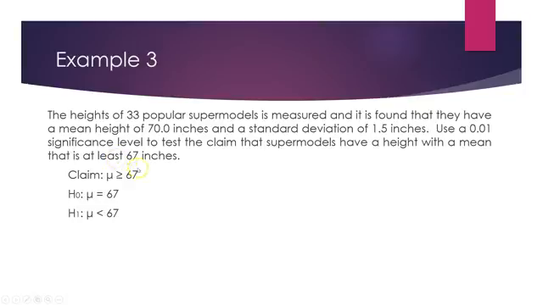So again, our claim had equality in it. As soon as you say equal to, this means that this is going to be your H0 with an equal sign, because it has equality to 67. Then H1 needs to be less than, because H0 is a greater than or equal to in disguise.